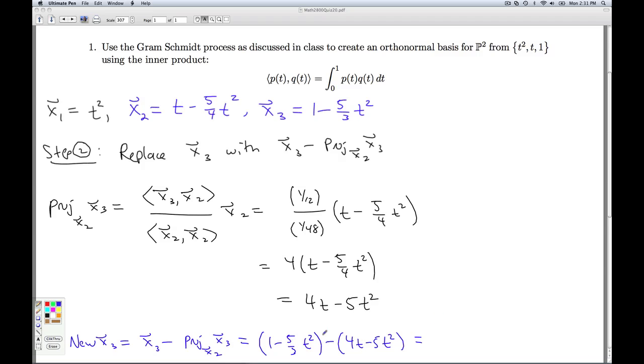So we're going to have 1 minus 4t plus negative 5/3 t squared plus 5t squared. So it's going to be 15 minus 5, it's 10 thirds t squared.